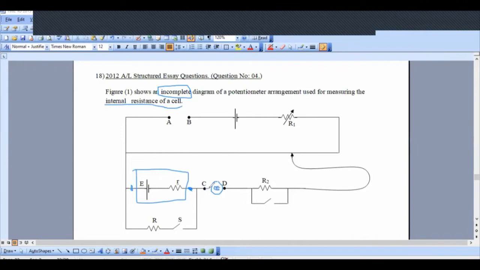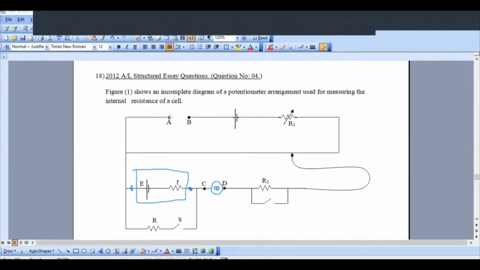And what is the thing that should be connected in between A and B? Can you guess? In our circuit, nothing is connected between A and B, but here we have to connect something to A and B. So what's the thing that we should connect to A and B? Somebody please tell me. There will not be a current in the circuit if A and B are not connected.